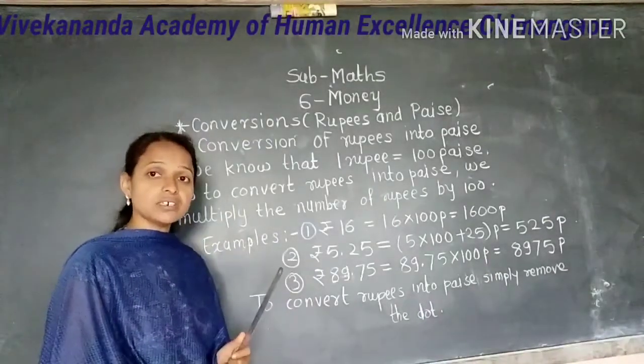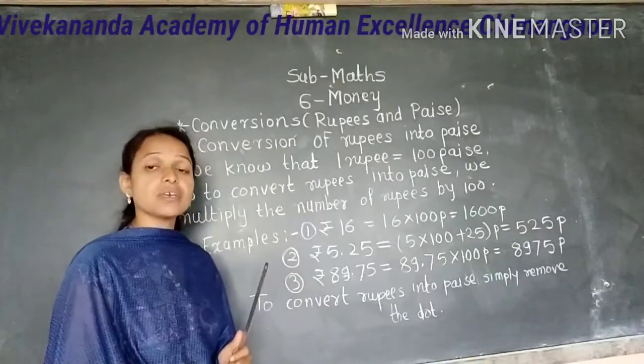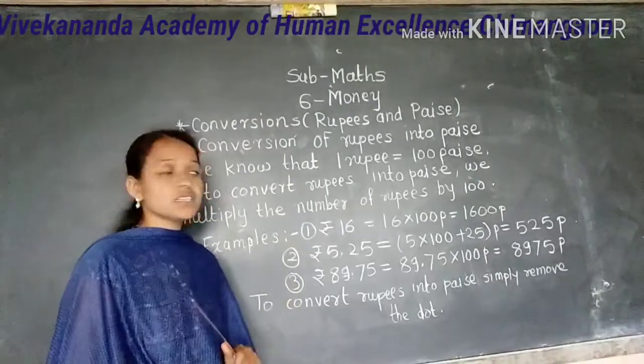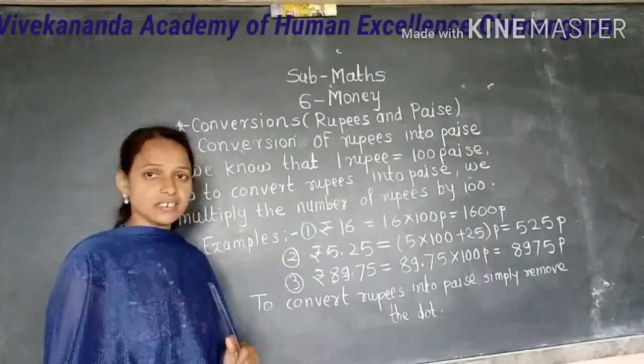So to convert rupees into paise, we have to multiply the given number by 100. Let's see some examples, then you will understand better.